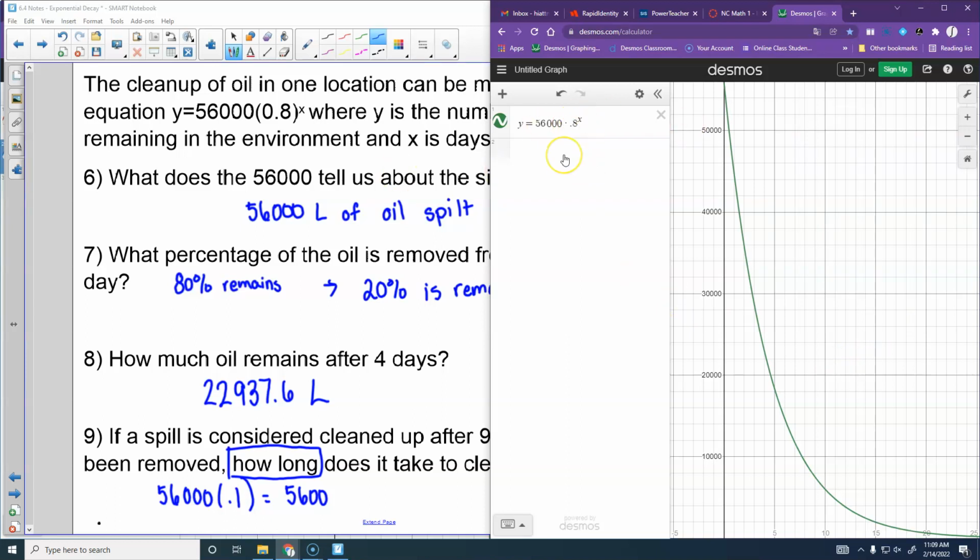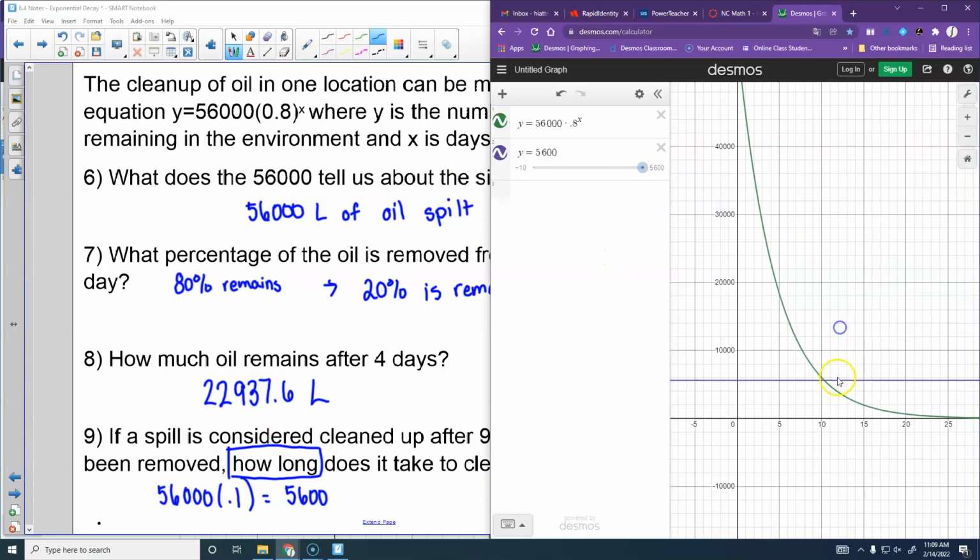We don't change the equation, so we leave the equation like it is. The 0.1 we're just going to use to find 10% of the 56,000. So we want to know when Y would equal 5,600. That puts this line right here for us, and we can see it would take 10.319 days.